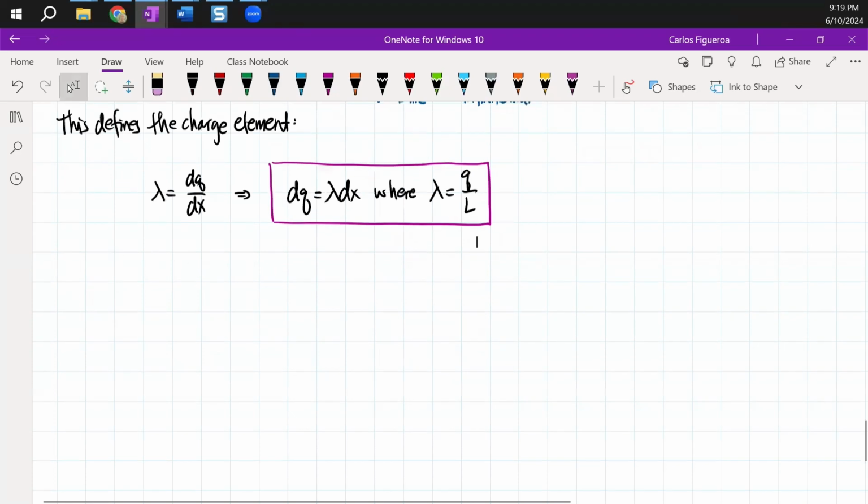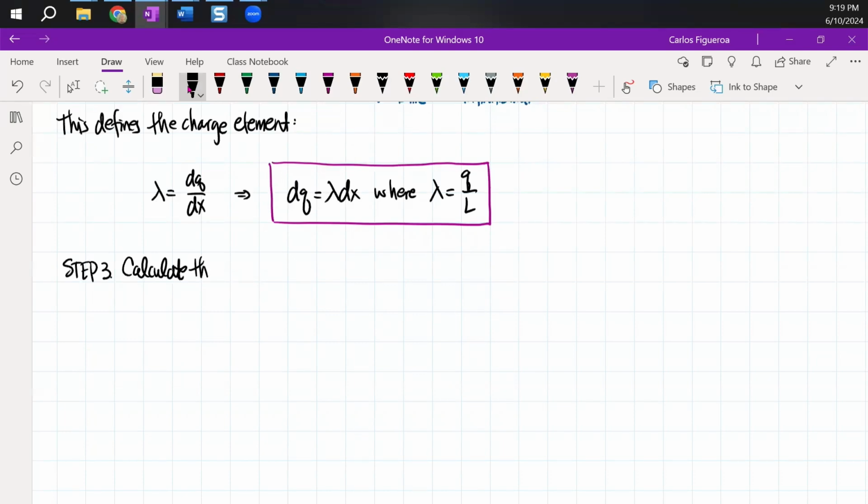Now I go to the next piece here. So the next piece tells me this: calculate the displacement and the little field dE of a finite line.